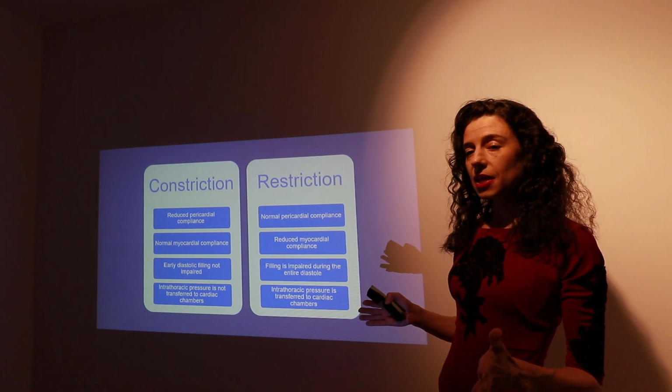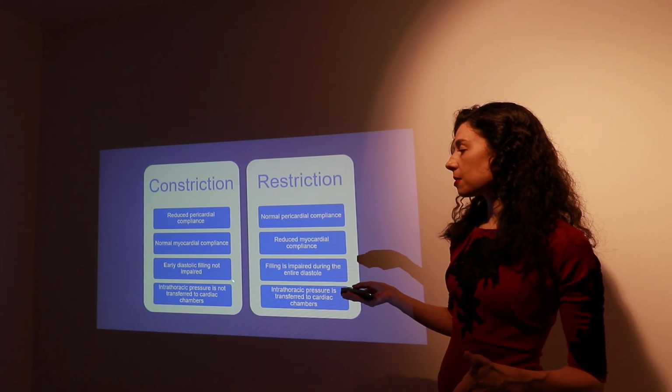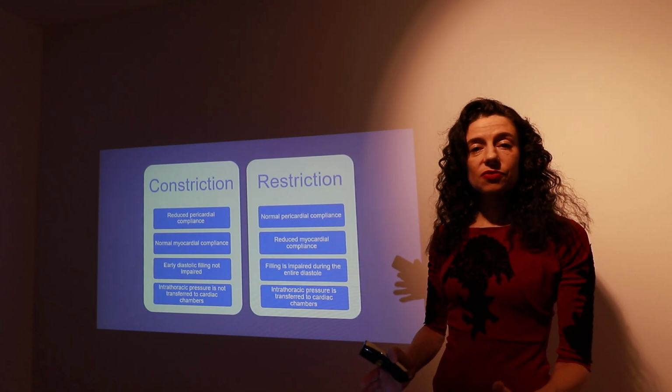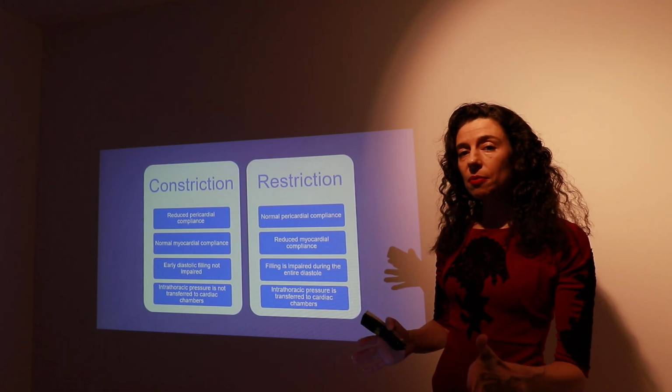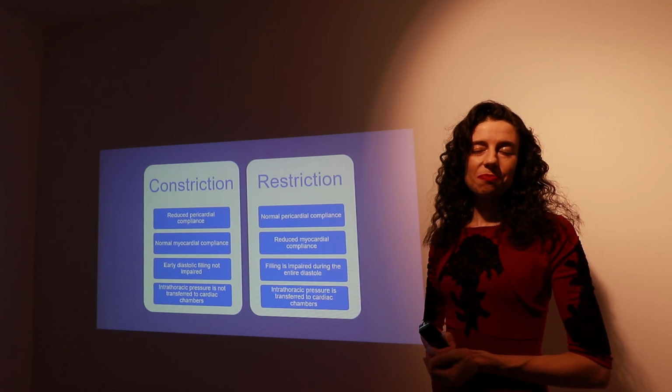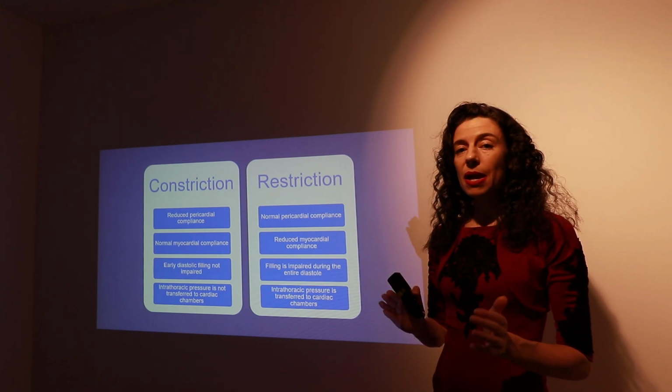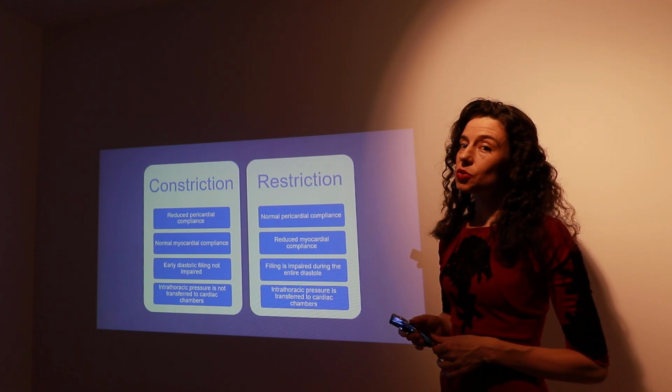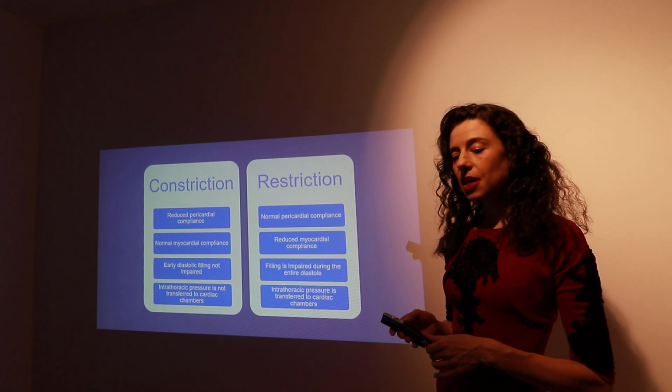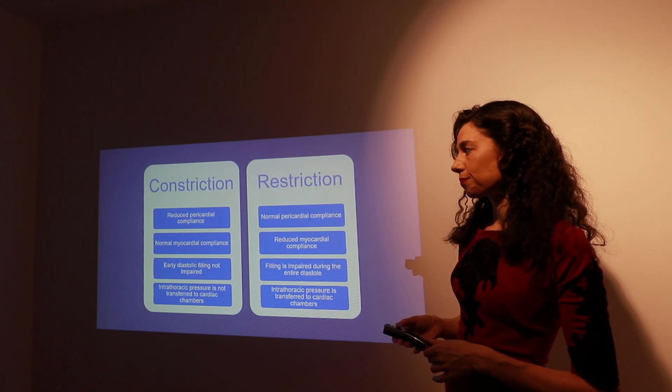Also, a very important thing is that intrathoracic pressure is not transferred to cardiac chambers in constriction because of the diseased pericardium, and it is transferred to cardiac chambers in restriction.